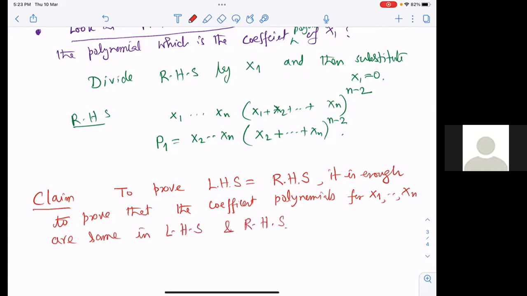That means we are supposed to prove just two polynomials are same, LHS and RHS.